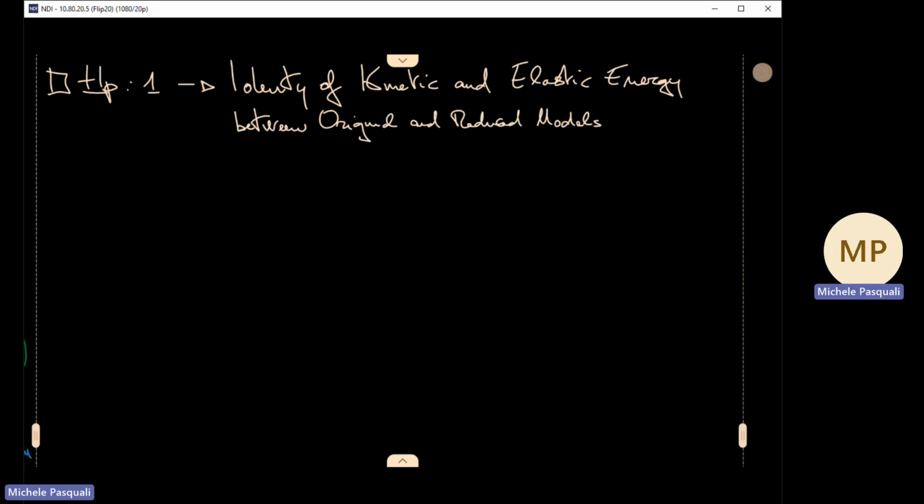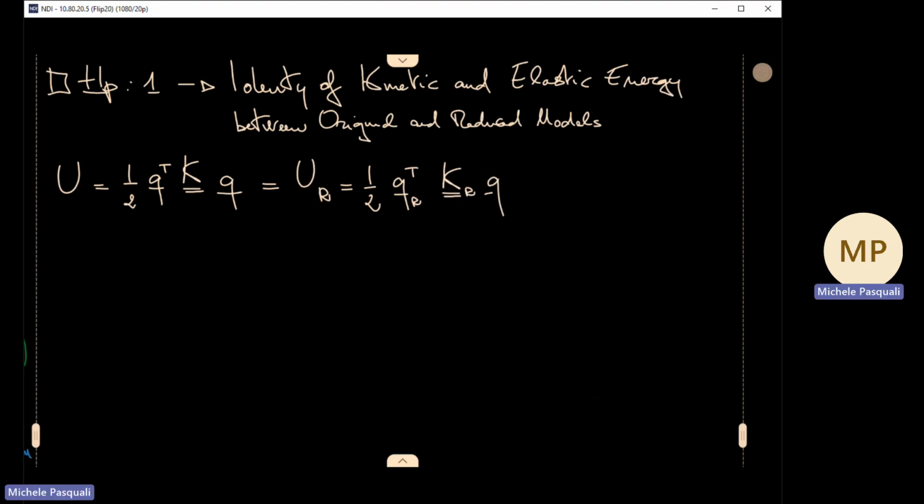Okay, so it means that U, which is again the elastic energy in the original system, which we are used to write like this, has to be equal to U_R, which can be written as, okay.